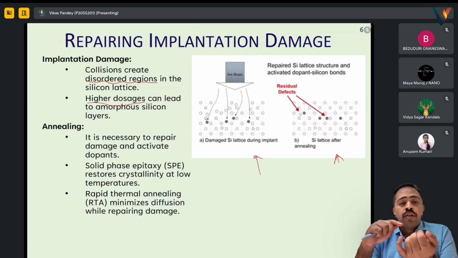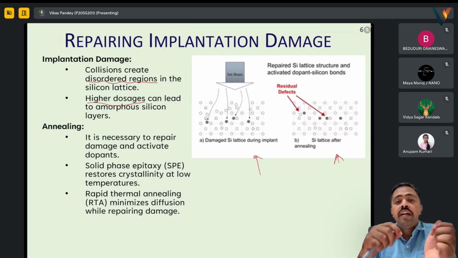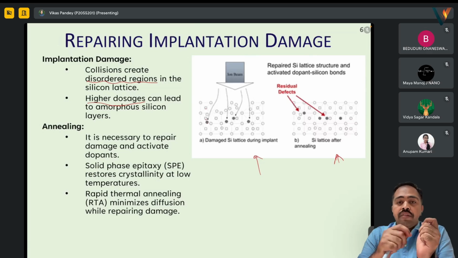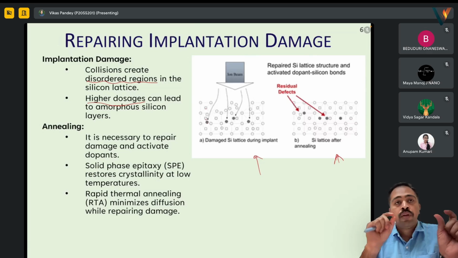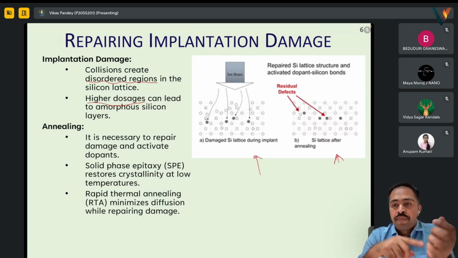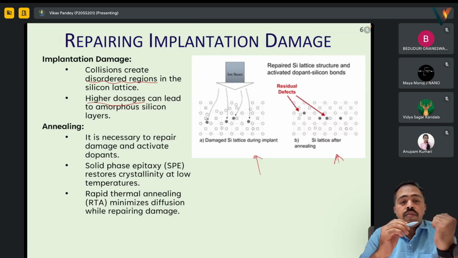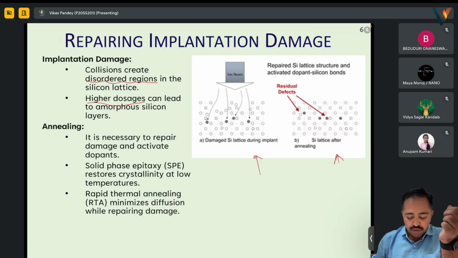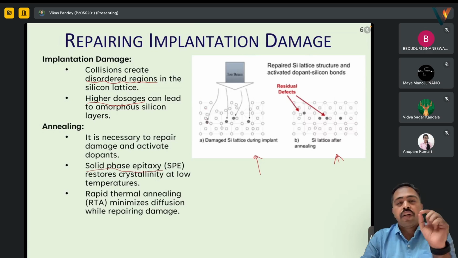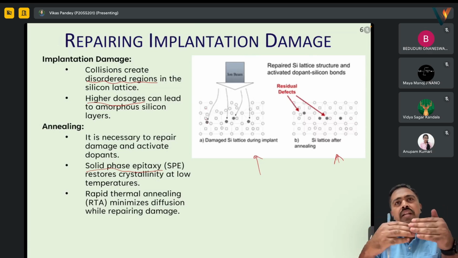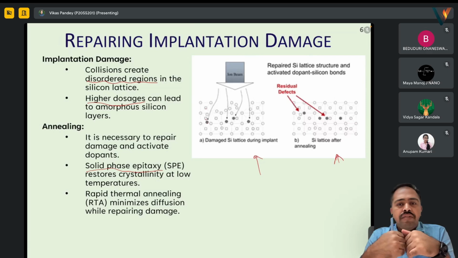So we need to repair damage and also activate the dopants. Activate the dopants means that they should also occupy proper position in the crystal structure. So one way is solid phase epitaxy, where it is done at a low temperature, and epitaxy will also be covered in the CVD case, where the orientation is not disturbed.